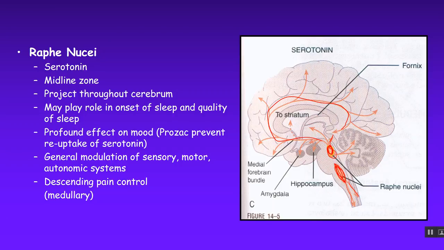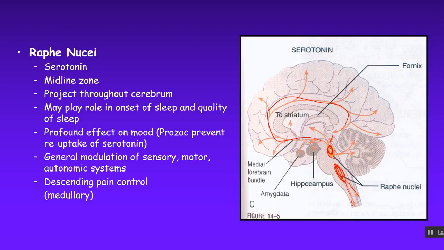They play a role in onset of sleep and quality of sleep. They have a profound effect on mood. So the raphe nuclei are delivering serotonin throughout your cerebrum. And they also secrete serotonin at the dorsal horn for pain inhibition.